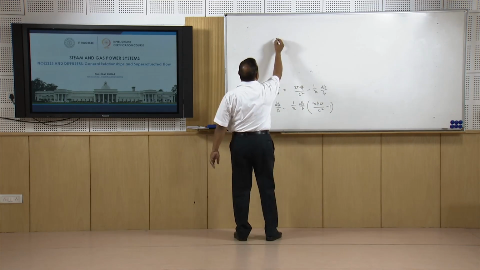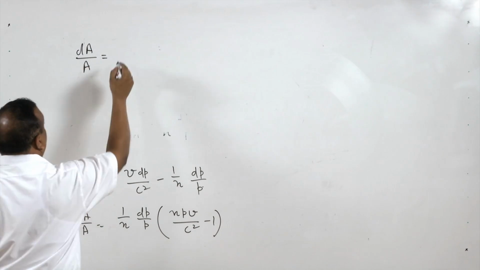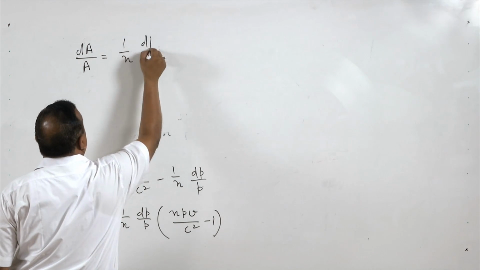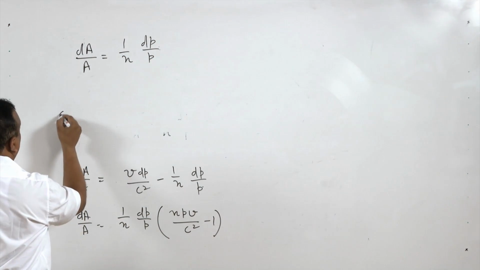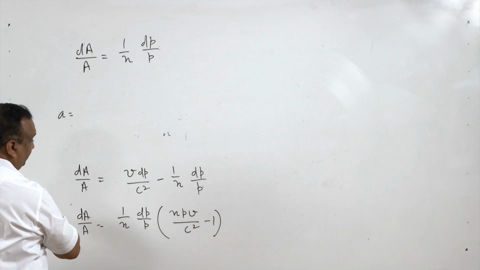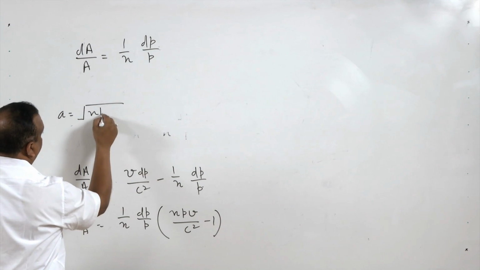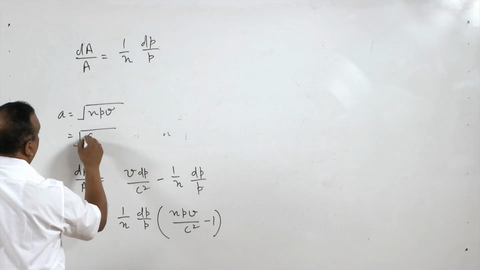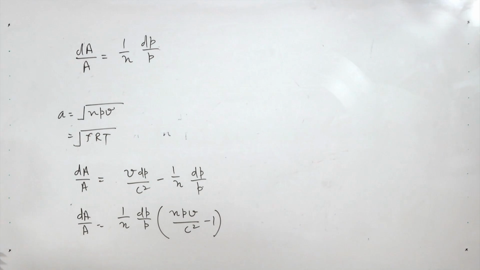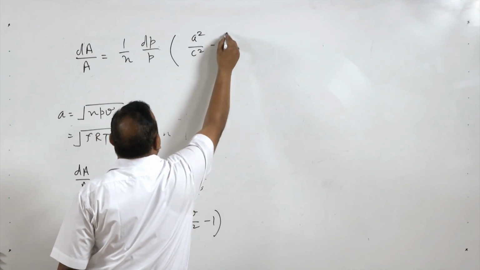Now dA by A is equal to 1 by N dP by P. Now NPV, if you remember, is the sonic velocity of steam. For gas, it is going to be gamma RT. So this is nothing but sonic velocity, and this is going to be A square by C square minus 1.